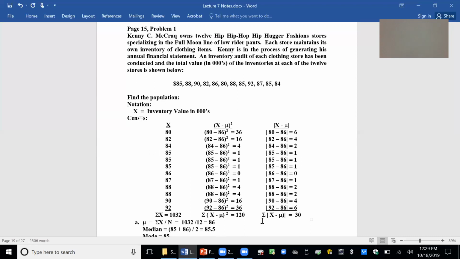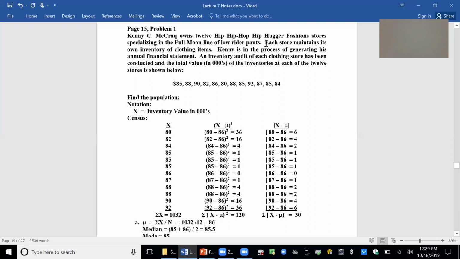Page 15, number 1. Kenny C. McCrack. I wrote this one. I know it's hard to tell. Owns 12 hip hop hip hugger fashion stores, specializing in the full moon line of lowrider pants.